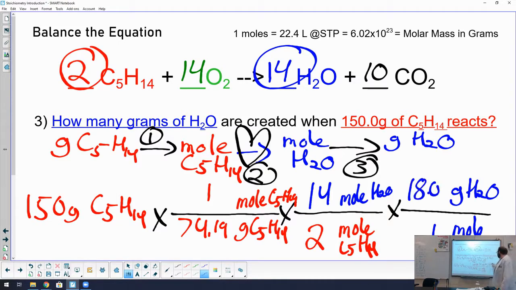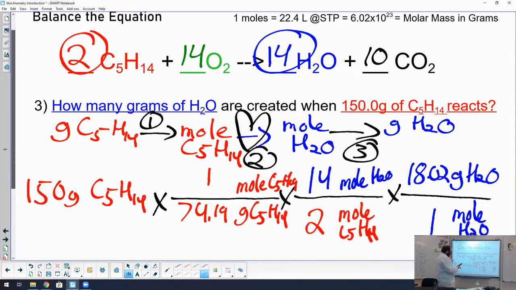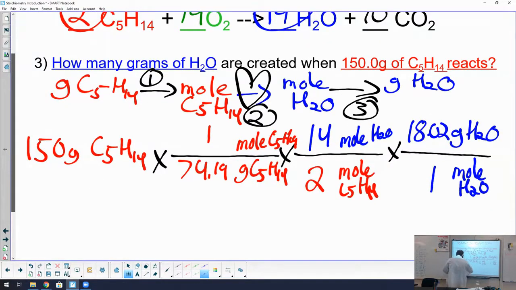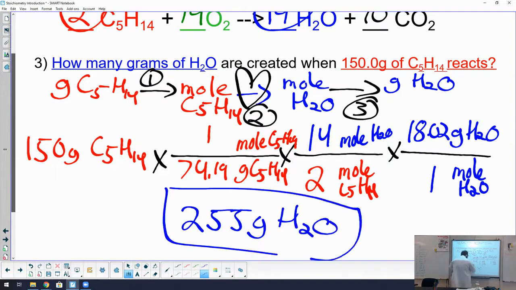This one's going to be 18.02. So plug and chug your favorite numbers here to help you get your final answer. And you will end up with an answer in this problem of 255 grams of H2O. We will look at more examples and try these out coming soon.